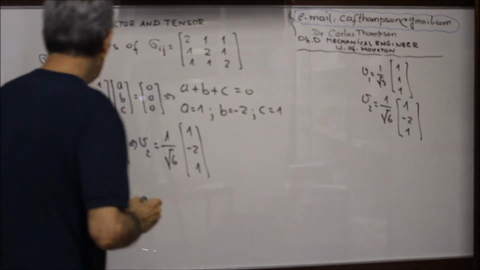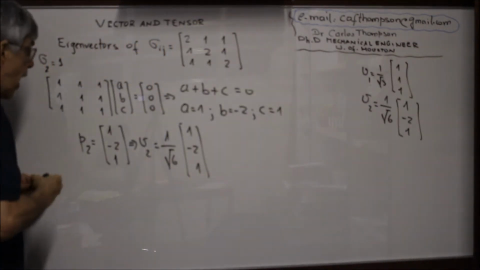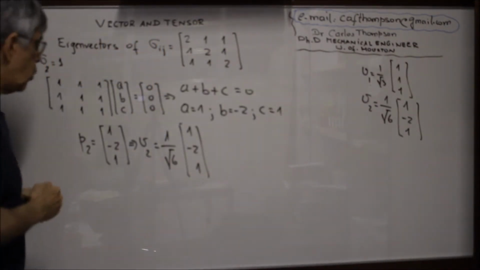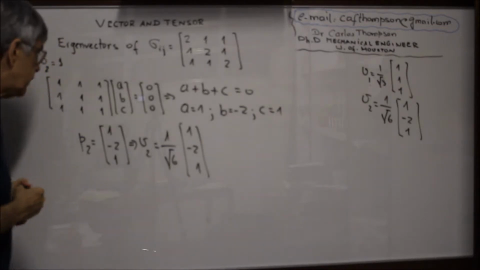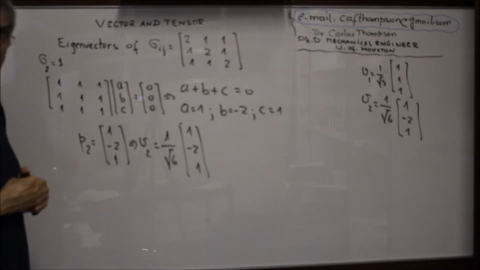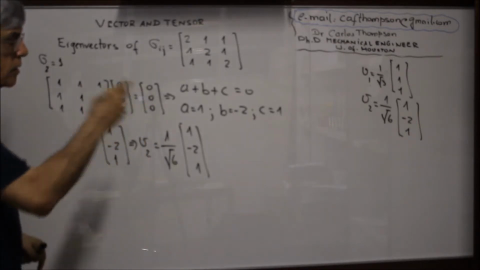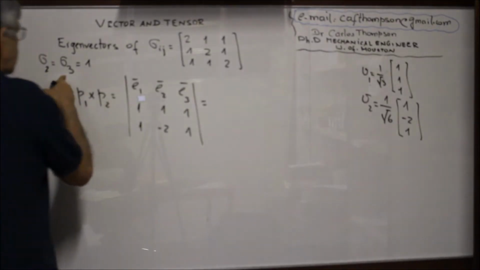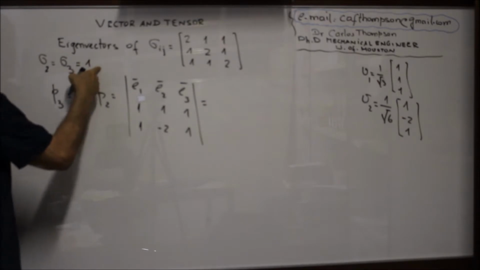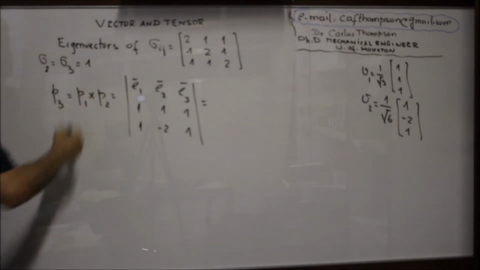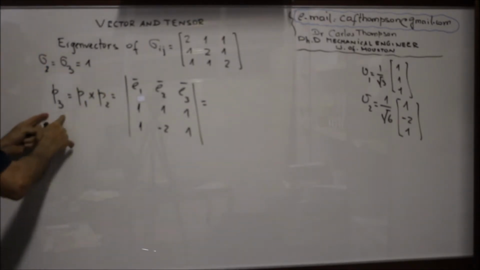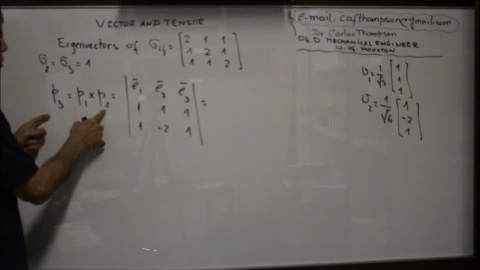Now the third eigenvector we have to find using the cross product. Okay, v1 cross v2. Sigma 2 is equal to sigma 3 is equal to 1, so it is a repeated eigenvalue. So P3 is P1 cross P2.